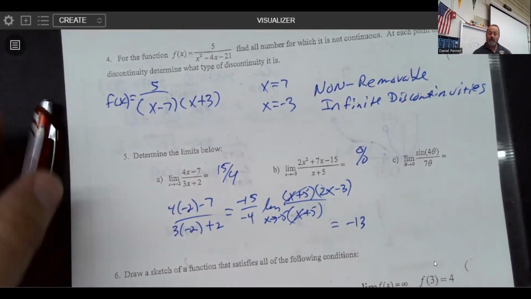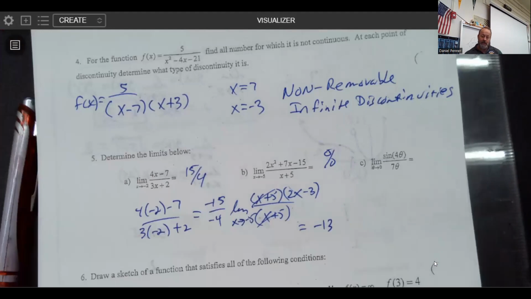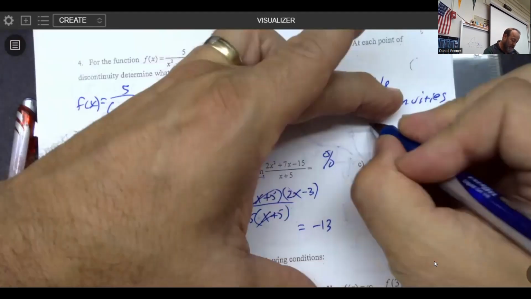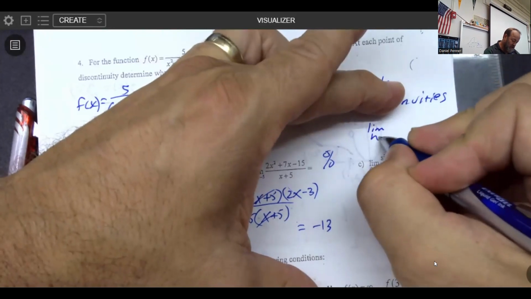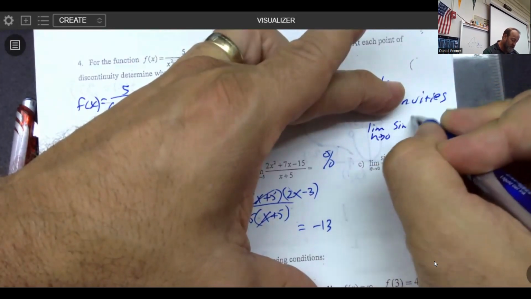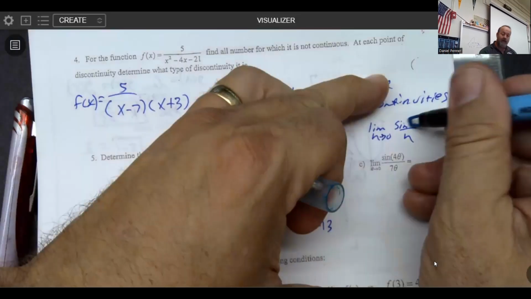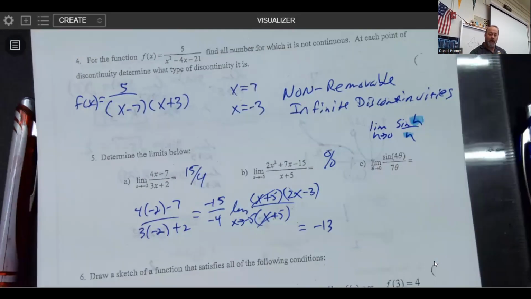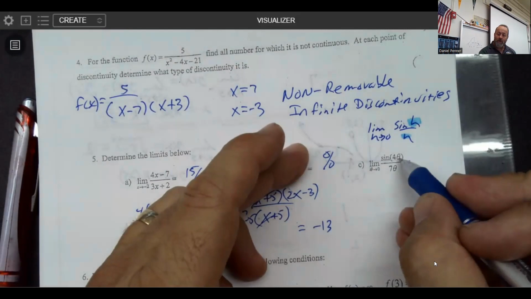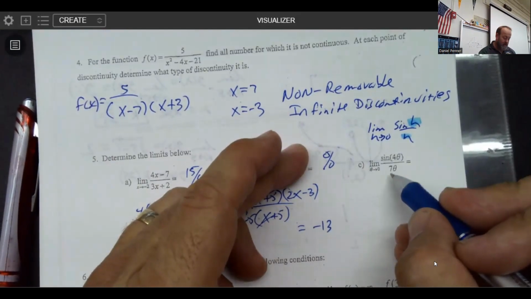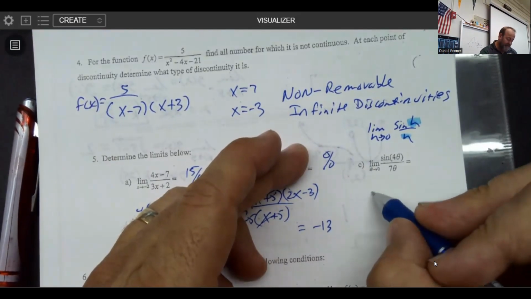Now, our last one of these is again going right back to that squeeze theorem. Remember, we want to do the limit as h goes to 0 of the sine of h over h, highlighting yet again that I want those h values to match. I want the argument in that sine to match that value in the denominator. And so since this says 4 theta, I want this down here to also say 4 theta.